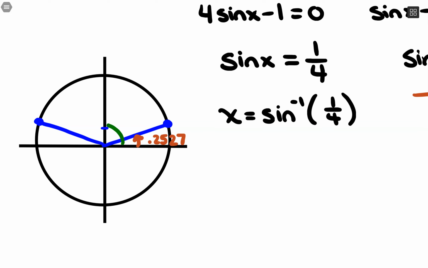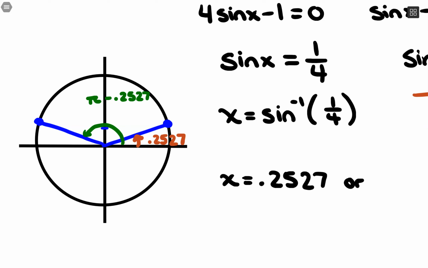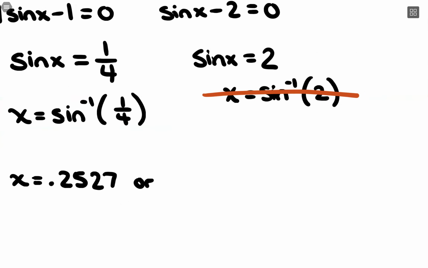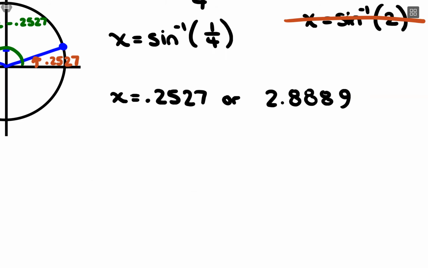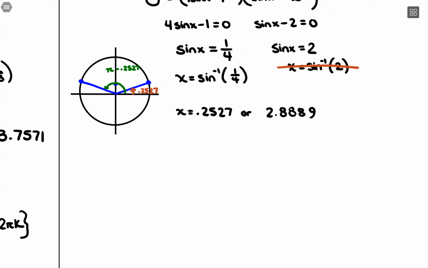And then to get our other angle, we can use the reference angle, which would be taking pi minus 0.2527. So x is equal to 0.2527, or pi minus that value, which would be 2.8889. So those are solutions between 0 and 2 pi.